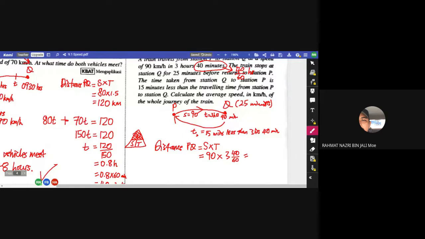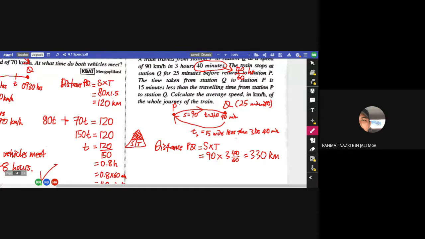Yes, 330 kilometers. Okay, good. This is the distance from P to Q, 330.